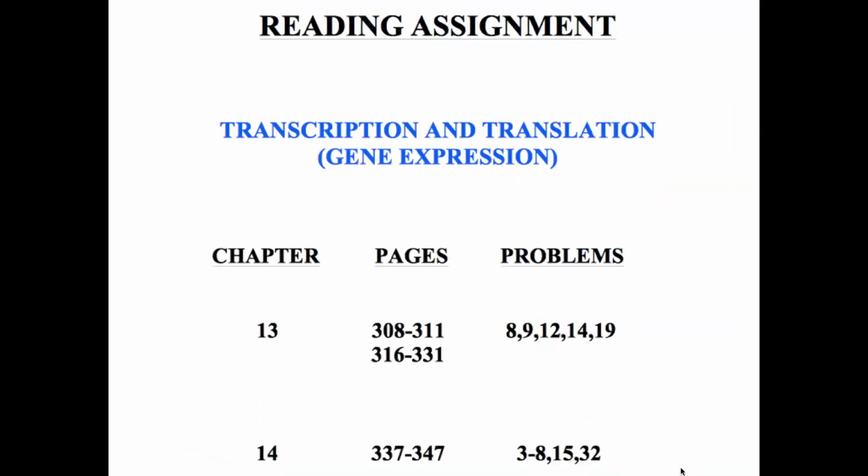Let me start off with putting this particular lecture in context. What we've done to this point in our discussion about molecular genetics is describe the molecular organization of the genetic material, the Watson-Crick model, understanding its structure in some detail.